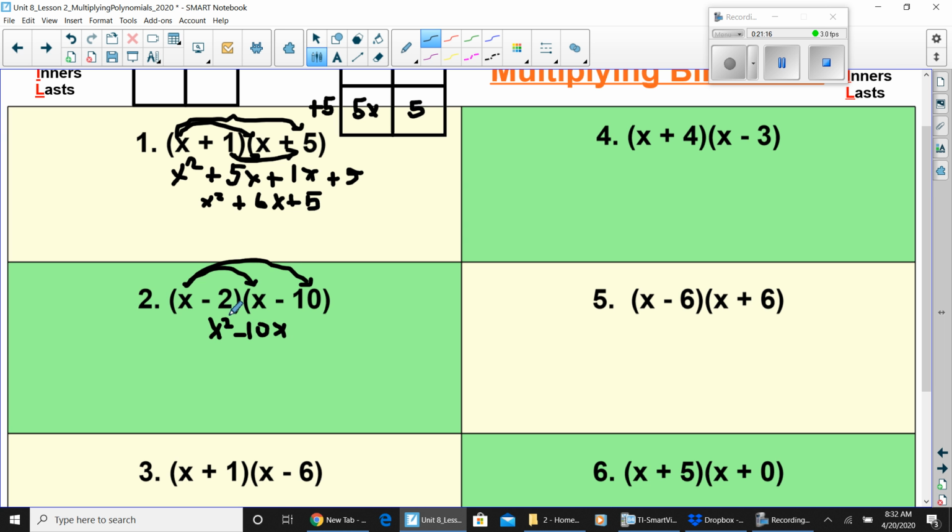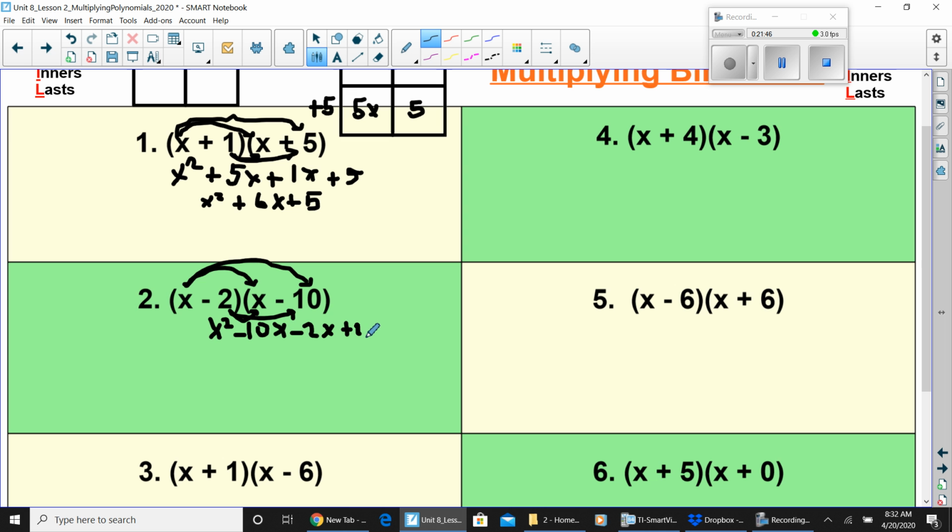Now I'm distributing this negative 2. The x is finished. Negative 2, the inners. Negative 2 times x is negative 2x. And then negative 2 times negative 10, because if you distribute the negative 2 to the x, you have to distribute the negative 2 to the negative 10, and negative 2 times negative 10 is a positive 20.